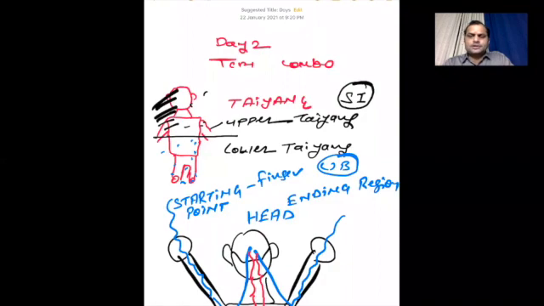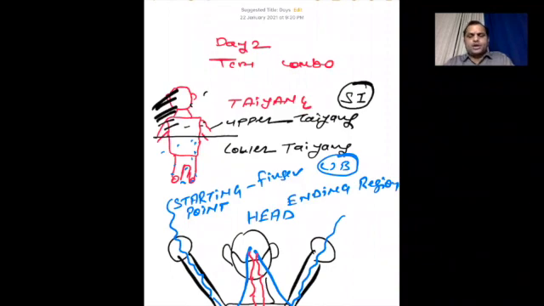We divided this energy into two parts, upper and lower Tai Yang. Upper Tai Yang is also called SI, small intestine, and lower Tai Yang is also called urinary bladder. In this way, the meaning of Tai Yang is SI plus UB.